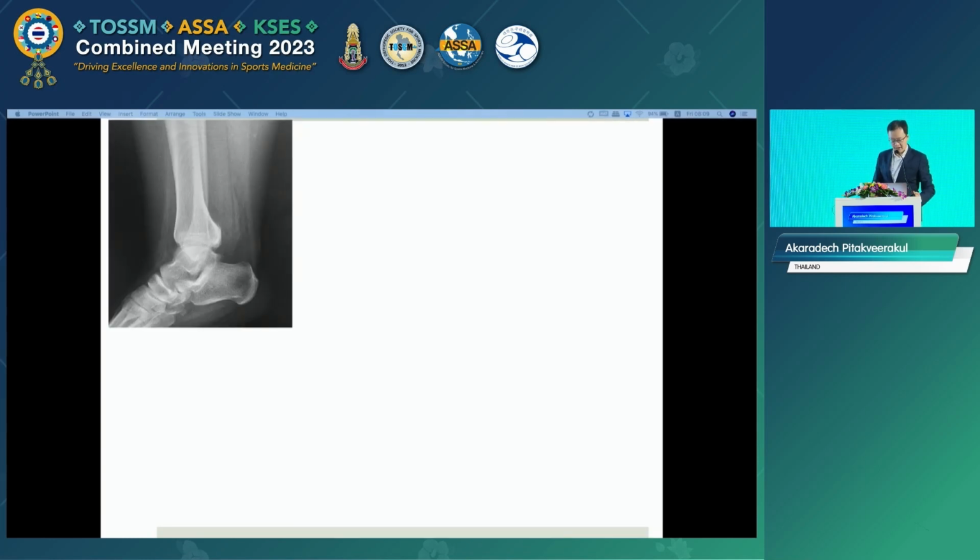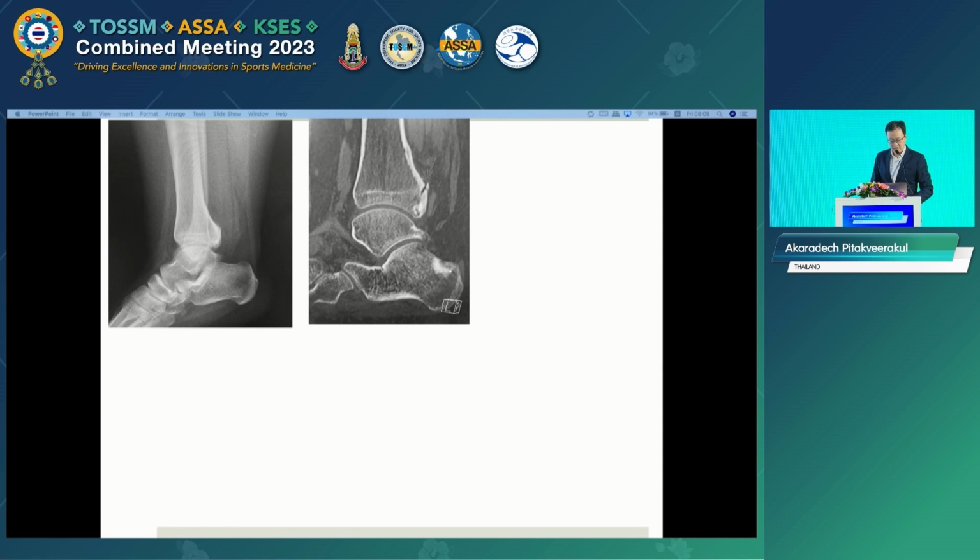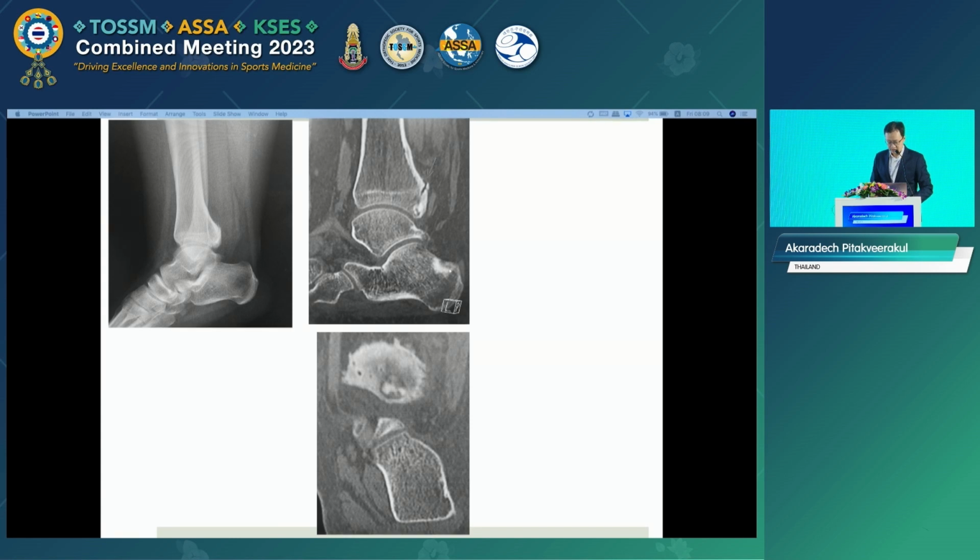So I would like to share a case of a rare condition of posterior ankle impingement. You will see on the lateral foot a small tiny trigonal process and sclerotic bone on the posterior lip of the malleolus of the distal tibia. On CT scan, we found some sclerotic bone around here, a focal lucent nidus with surrounding sclerotic reactive bone.